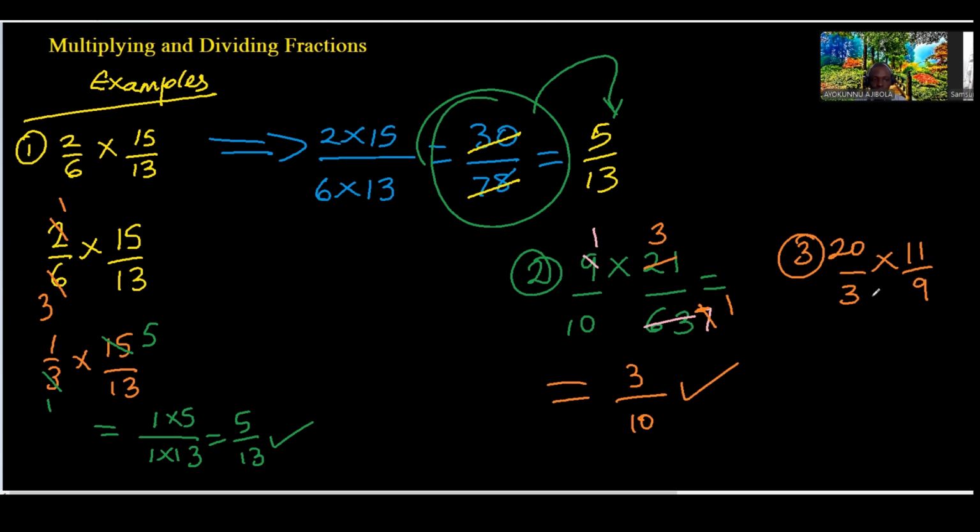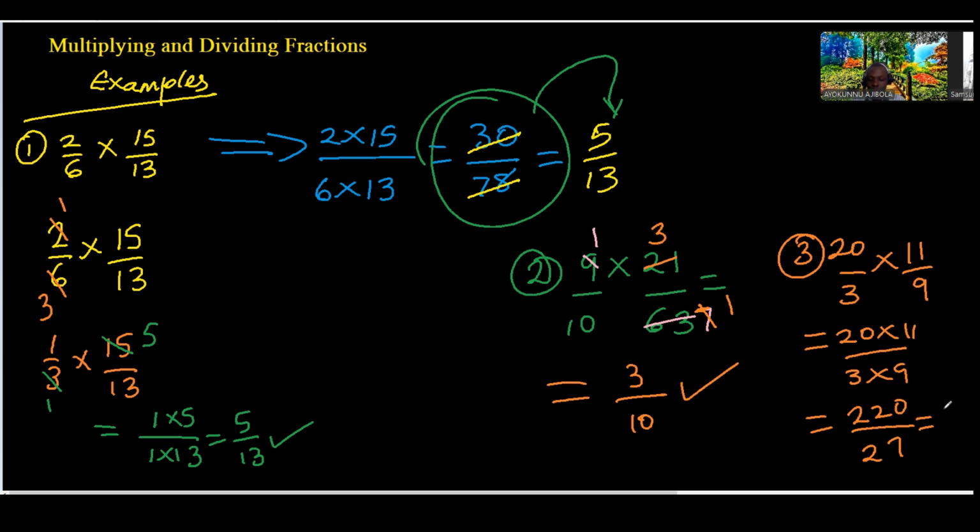So what I will need to do is say 20 times 11, then 3 times 9. 20 times 11 is going to be 220, and 3 times 9 is 27. So how many 27 can I see in 220?